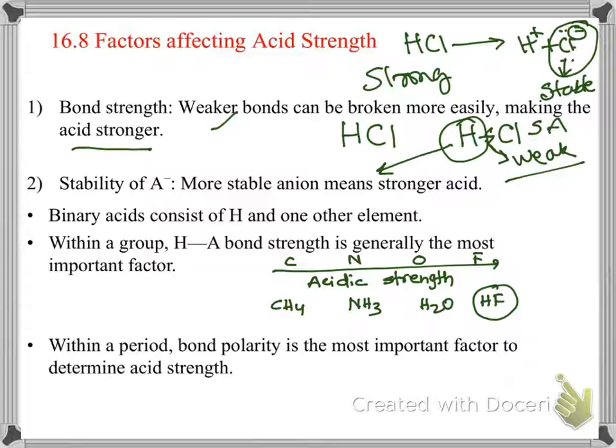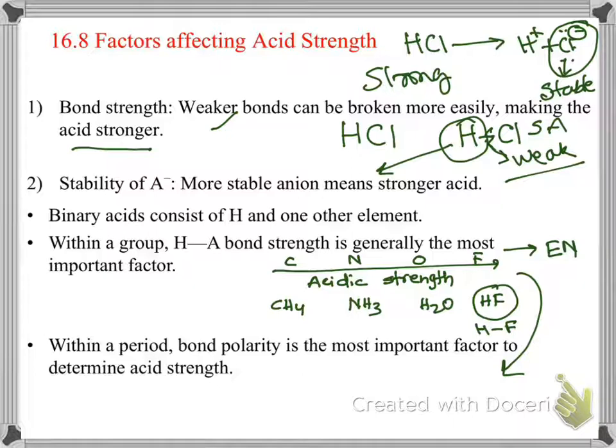Because when you go from left to right in a period, the electronegativity increases in this direction. And what that does is make the bond between hydrogen and another atom more polar.